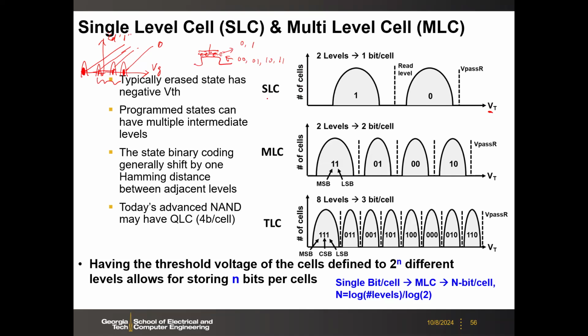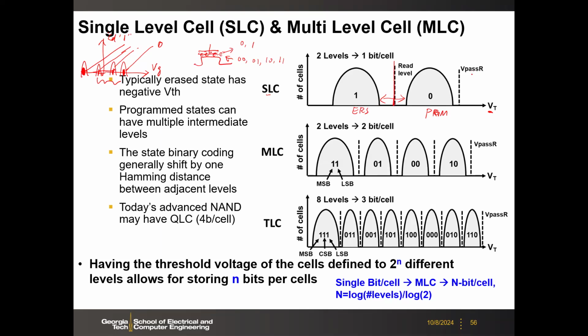Conventionally, we only have single level cell, so here, this erased state or this program state. We have distributions, so as long as we have a gap between the tails of the distribution, then we can distinguish the states. Your read condition will be somewhere here, the read voltage, and then you can distinguish the states.